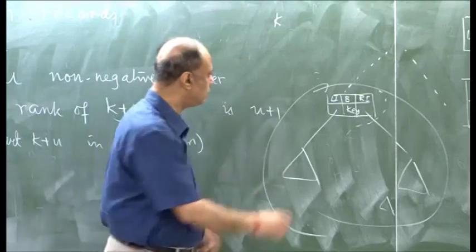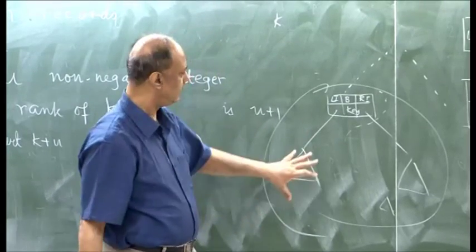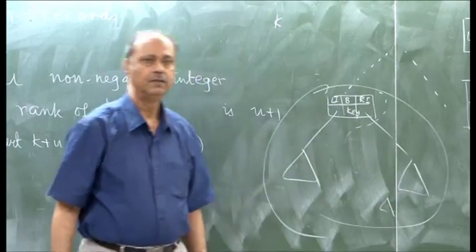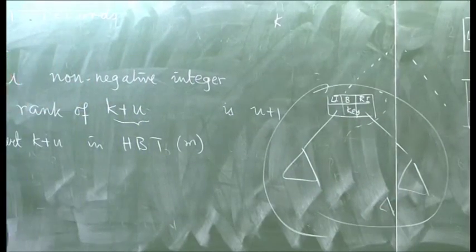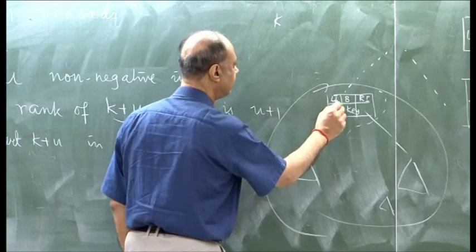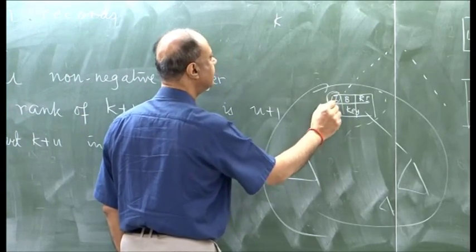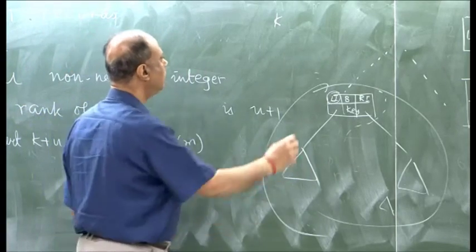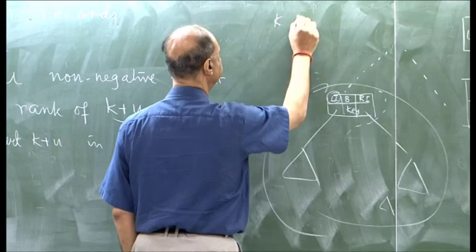And if it follows this path, then u will be on this side, not this side. So what I do is, initially, I will think that u is your Li.